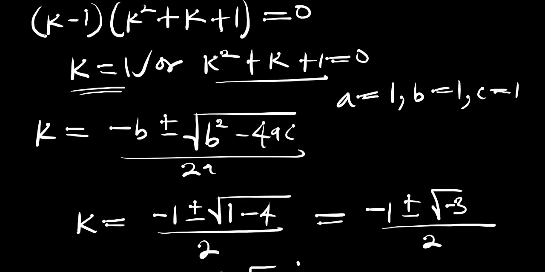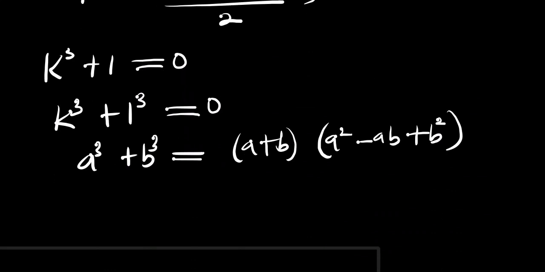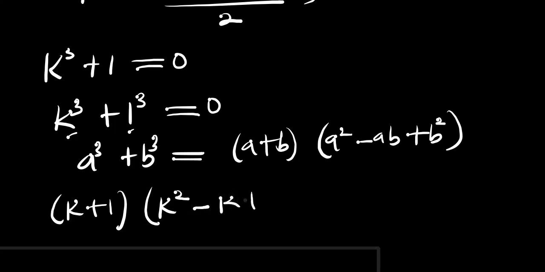So we are going to insert like what we did here. Where we have a, we insert k, and where we have b, we insert 1. That means we are going to have (k + 1)(k^2 - k + 1) = 0.